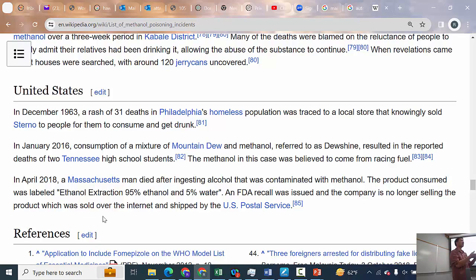It's slightly contaminated with things to prevent consumption. Otherwise, they have to charge tax on it. We also have 100% ethanol, which is hard to get. So we use 95% ethanol in the lab all the time. But I tell people not to drink it.